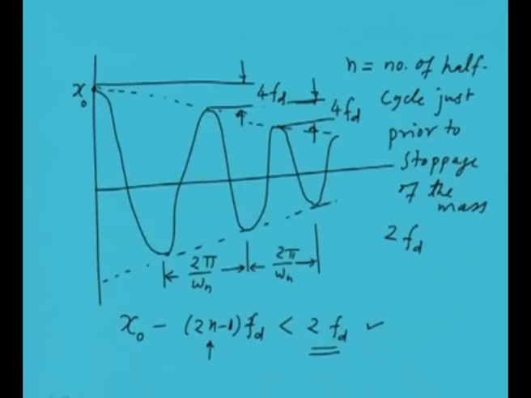In this particular graph, if we see carefully, this point corresponds to pi by omega n, because that corresponds to half a cycle. This is another half cycle, and here it will be 3 pi by omega n.